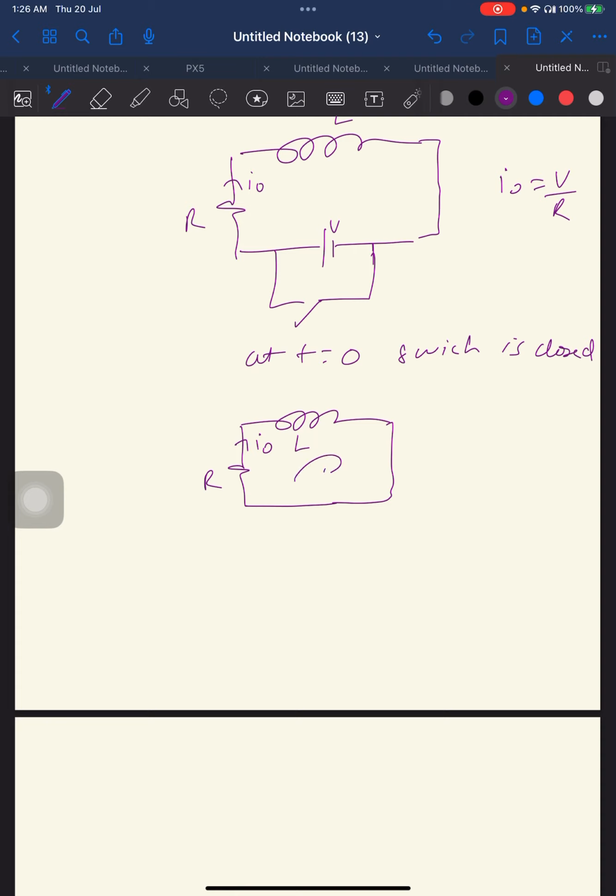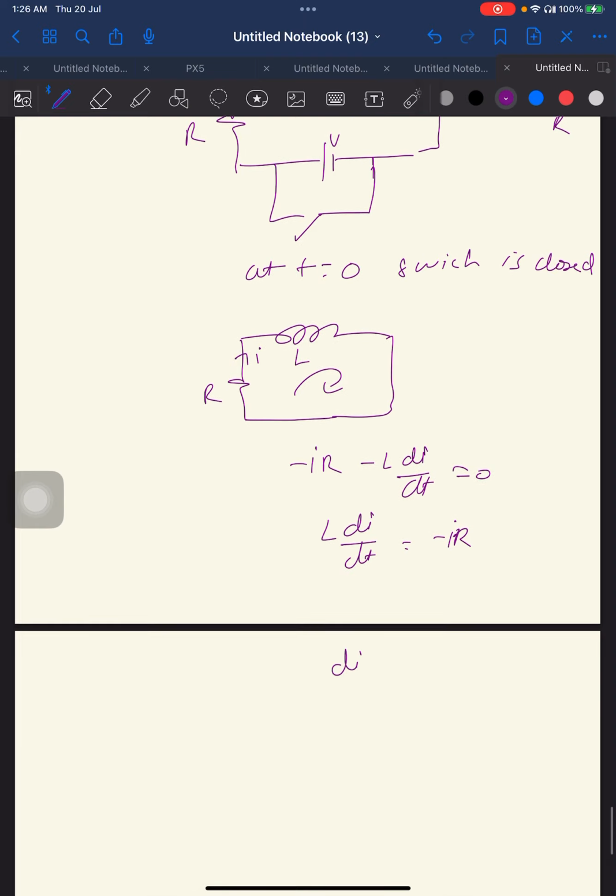Now if you write the circuit equation, minus IR, suppose I is the current at any time, minus L di by dt is equal to 0. So we get L di by dt is equal to minus IR. Di by I is equal to minus R dt by L. Integrate it, with current from I naught to I and time from 0 to t.